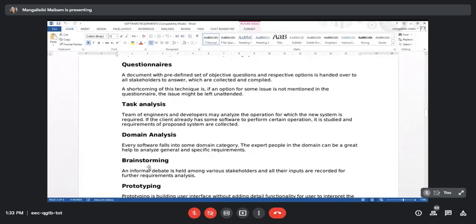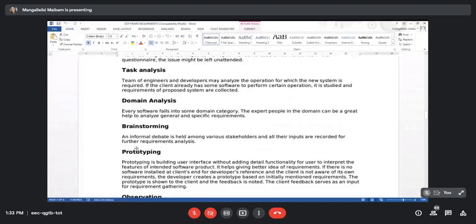Brainstorming is a kind of informal debate. An informal debate is held among various stakeholders and their inputs are recorded. So an informal debate will be held, and their inputs, their ideas, we can record for further requirement analysis.